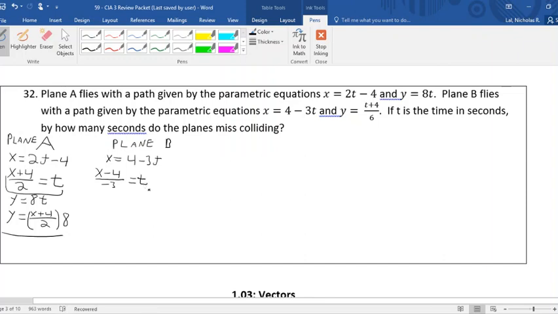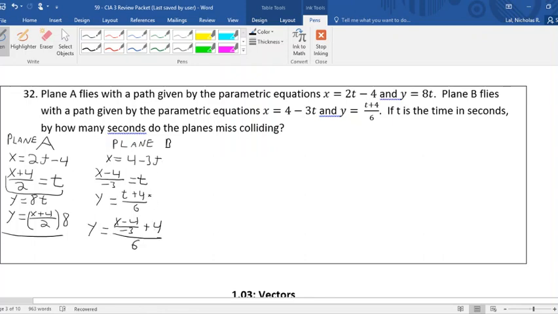And when (x minus 4) over negative 3 is equal to t, y, which is equal to (t plus 4) over 6, means that y is going to be equal to ((x minus 4) over negative 3 plus 4) over 6.